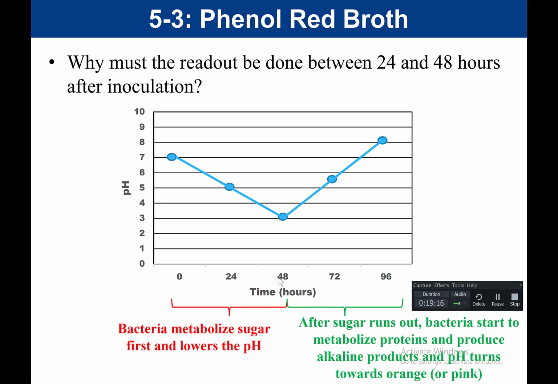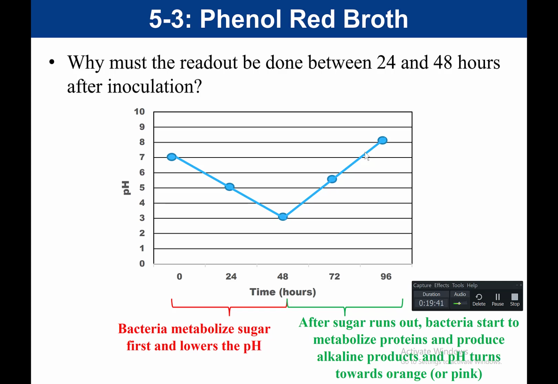That sugar is going to run out, and then bacteria have no choice but to use the peptones as a food source. And remember that when bacteria use peptones as a food source, it produces alkaline products, and the pH is going to go back up, and the tube is going to go back towards being orange, or if long enough, it could turn magenta.